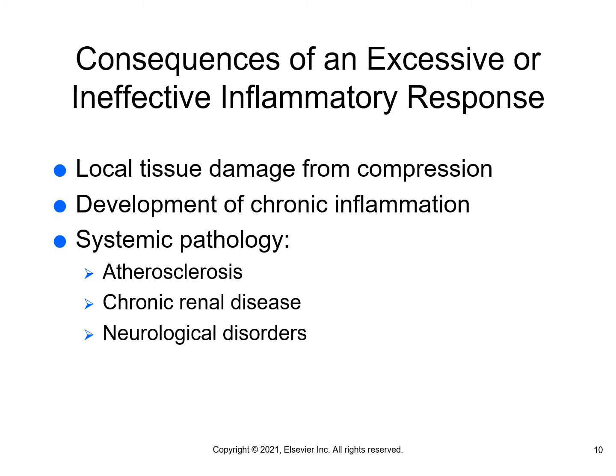So basically, with these examples, atherosclerosis, chronic renal disease, and neurological disorders, some of them are due to the pathological systemic inflammatory response. And it affects individuals variously.